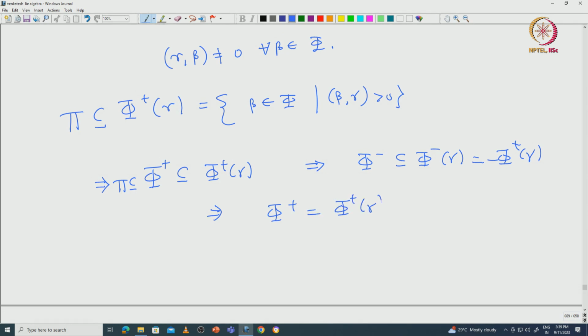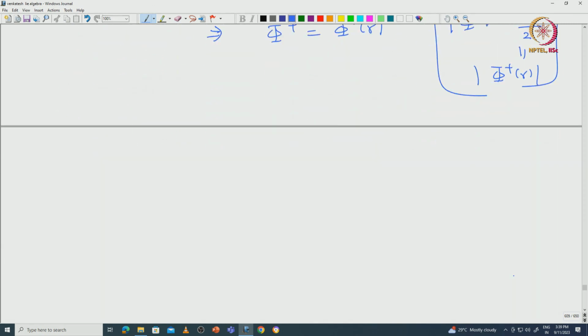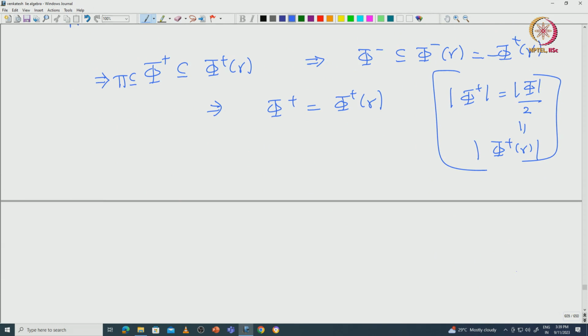Using the cardinality argument, you can see that phi plus must be exactly equal to phi plus of gamma, as the cardinality of phi plus is the cardinality of phi divided by 2, which is the same as the cardinality of phi plus of gamma. So that forces phi plus to be equal to phi plus of gamma. Now, since pi sits inside phi plus, which is equal to phi plus of gamma, this pi is naturally contained in pi of gamma.